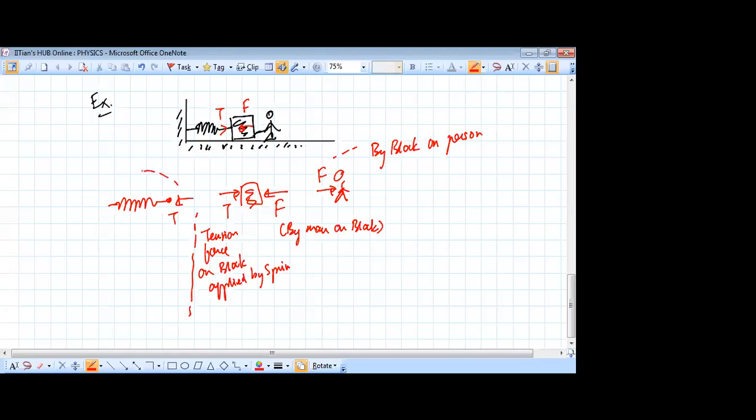This is now by the block on the spring. So these two forces, you can see this tension and this tension, equal and opposite. They are an action-reaction pair.